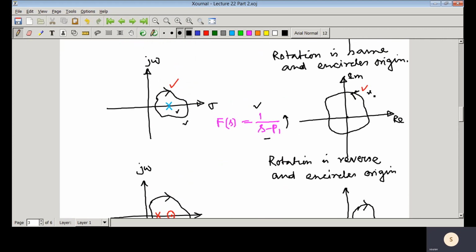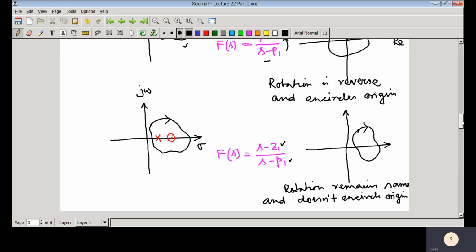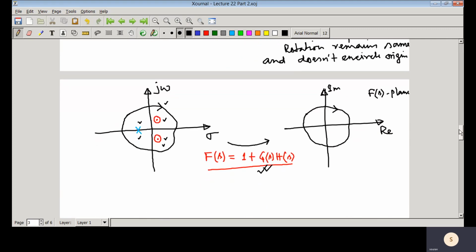We can see that it is reversed. So here the rotation remains the same. So here, if we say that this is counterclockwise rotation, sorry, this is clockwise rotation, then that would also be clockwise rotation.